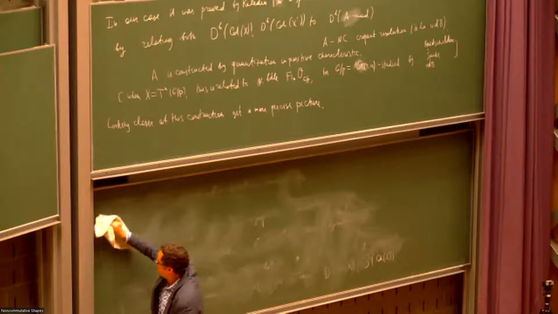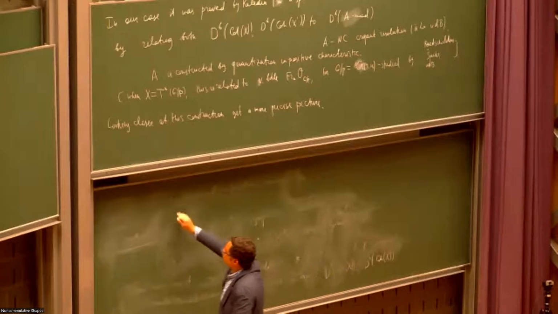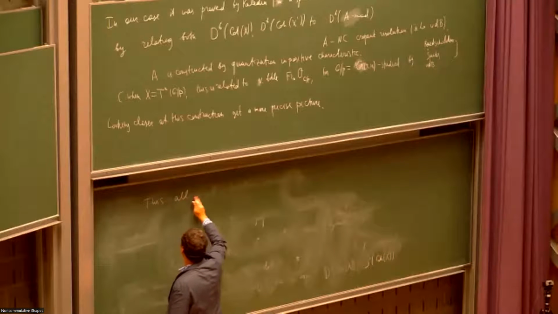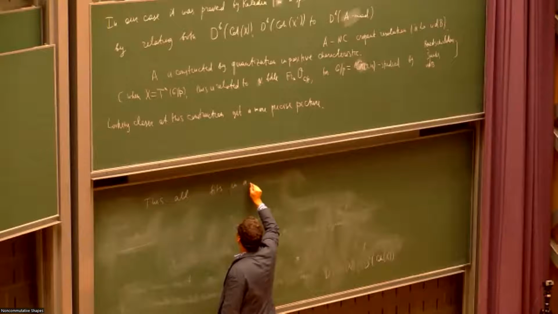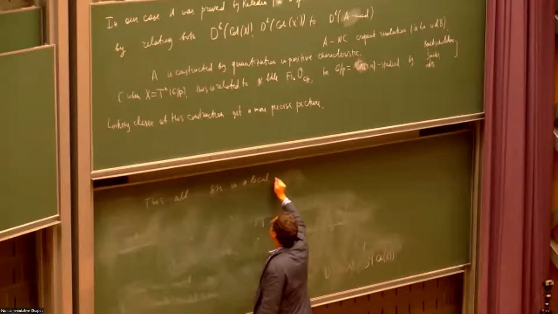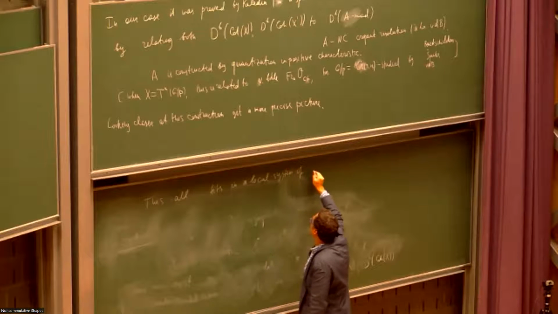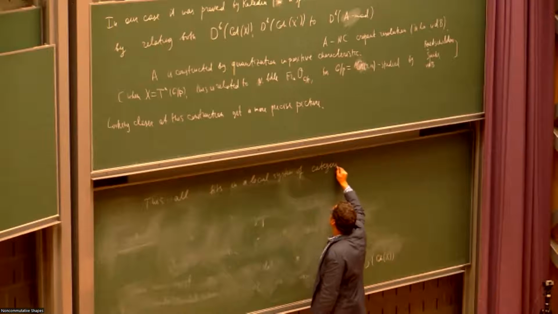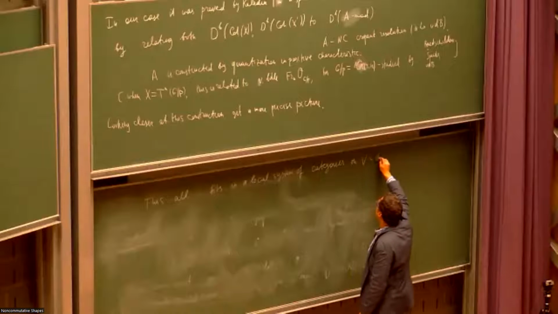I'm just saying that this all fits in a local system of categories on some vector space of parameters minus certain hyperplanes.